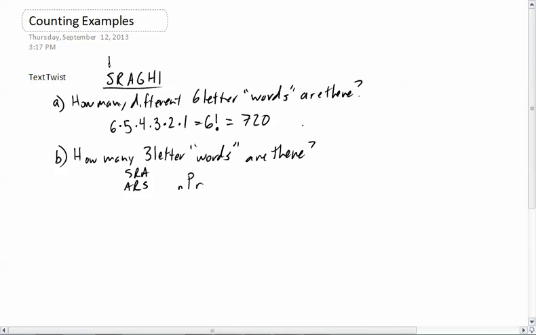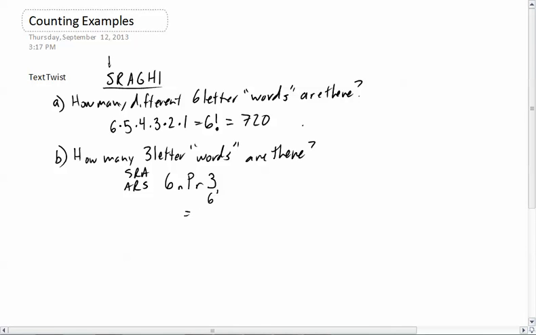And the n is how many letters there are in total, which will be 6. And then of course, r will be 3, because we only want 3 letters. All right? And so you can plug that into your calculator, and you can put 6 nPr 3. Or we also learned that there was an equation.